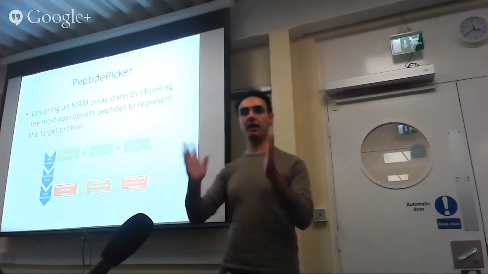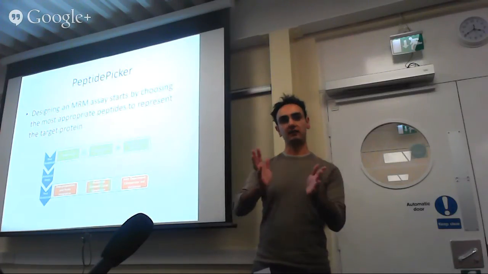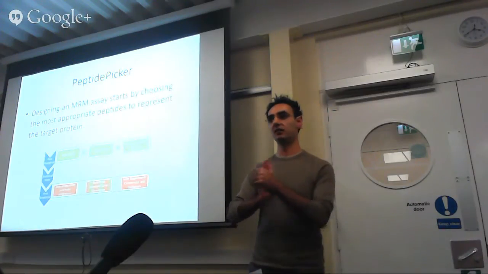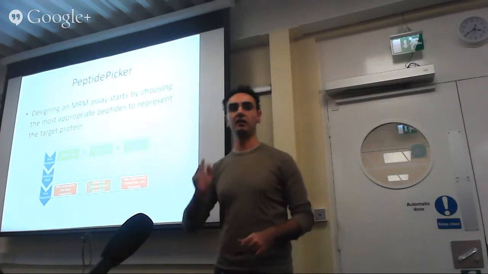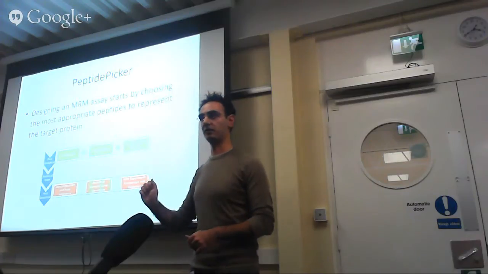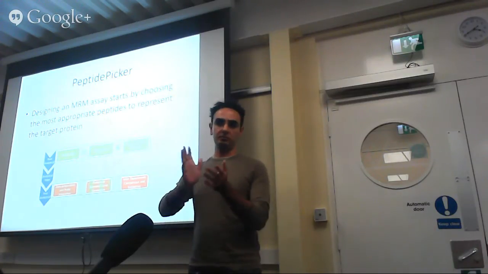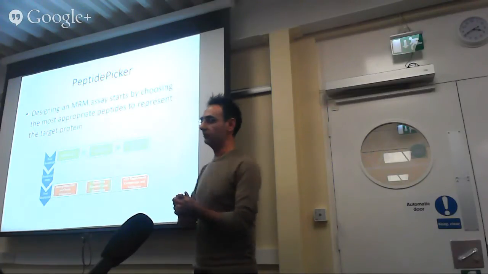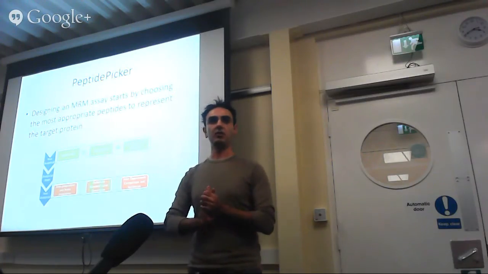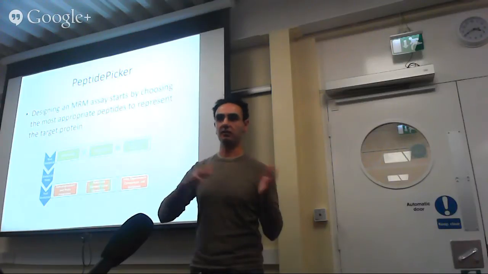One of the main steps in the beginning is to select which peptide you want to have in order to target this specific protein. It may be an easy step if we know about that protein, but we don't know if we can detect it or not.